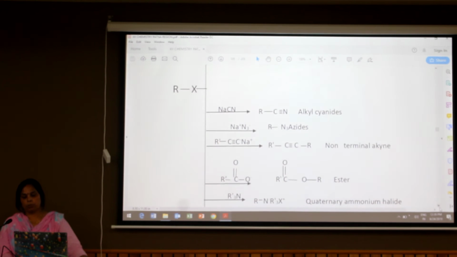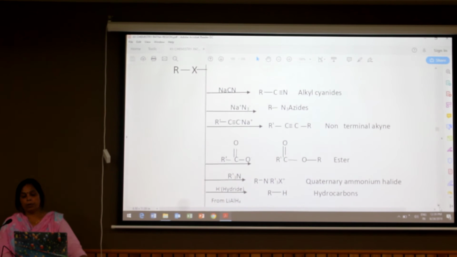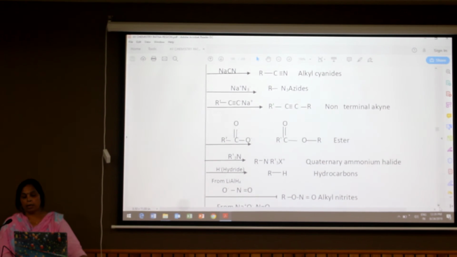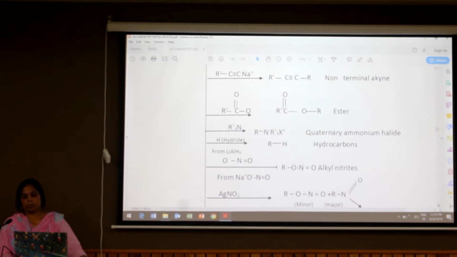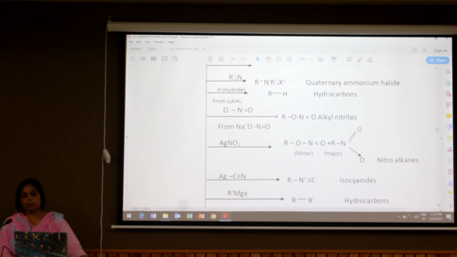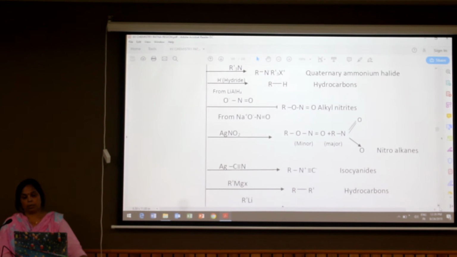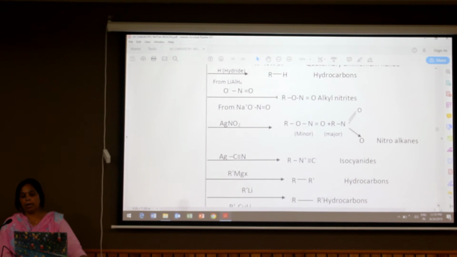When it reacts with sodium cyanide or potassium cyanide, we get alkyl cyanides, or we can say nitriles. When we react with the sodium salt of alkynes, we get higher alkynes. Similarly, if it reacts with potassium nitrite, we get alkyl nitrite, and if it reacts with silver nitrite, we get nitroalkane.